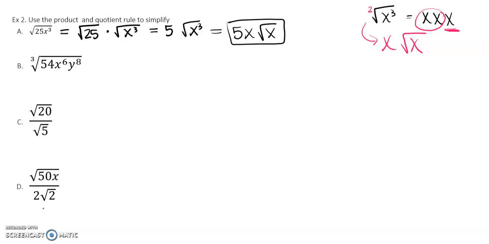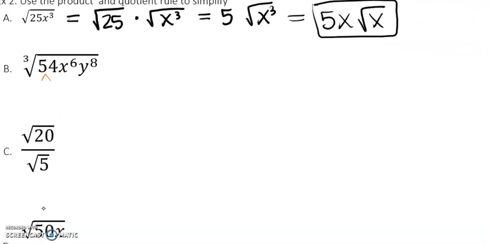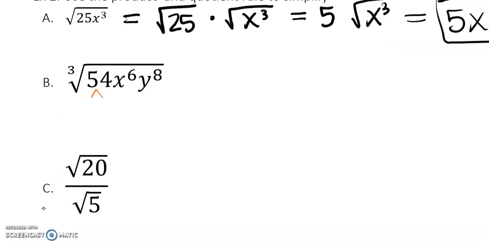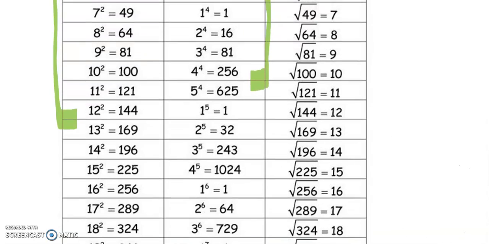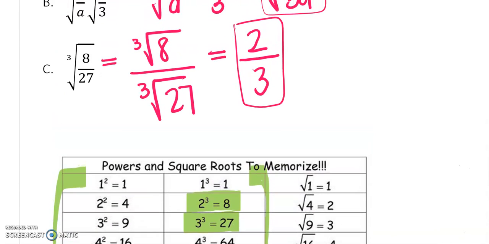Alright, so next we have 54 x to the 6th and then y to the 8th. So 54, we could rewrite that. I'm going to go ahead and zoom in a little. We could rewrite that as 2 times 27. And then 27, we just did that, right? Up here, we know 27 to the third power, that's 3.